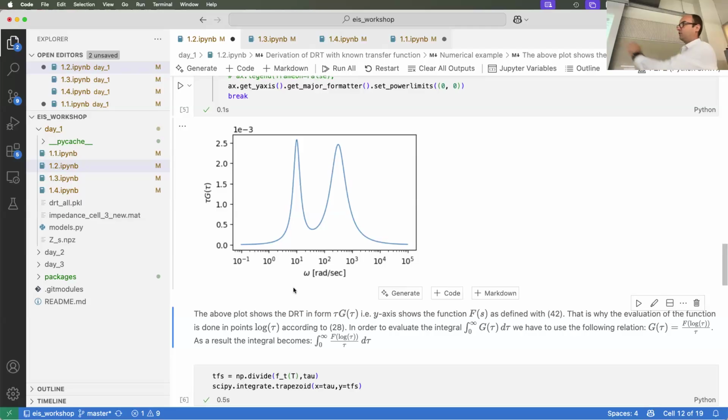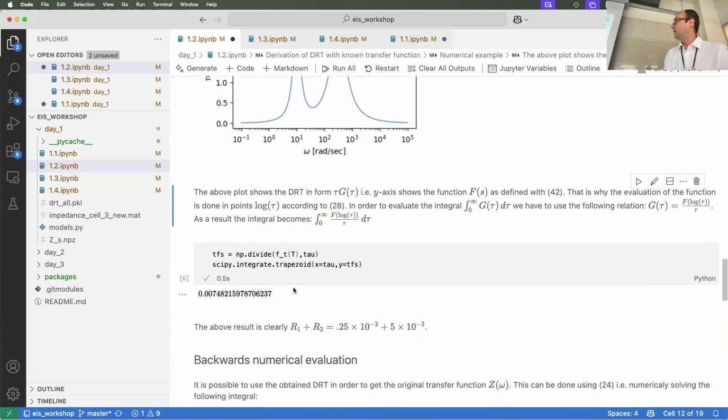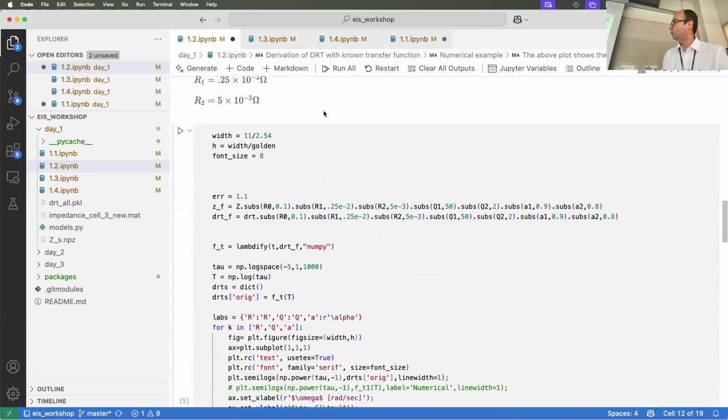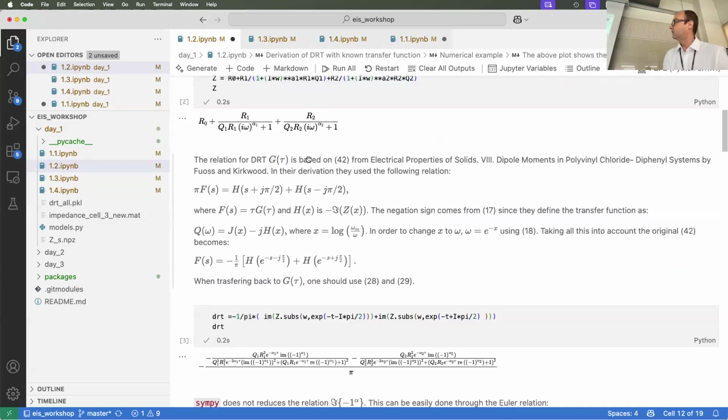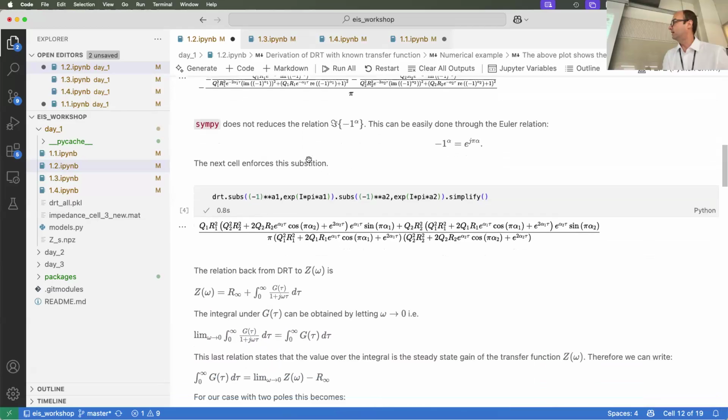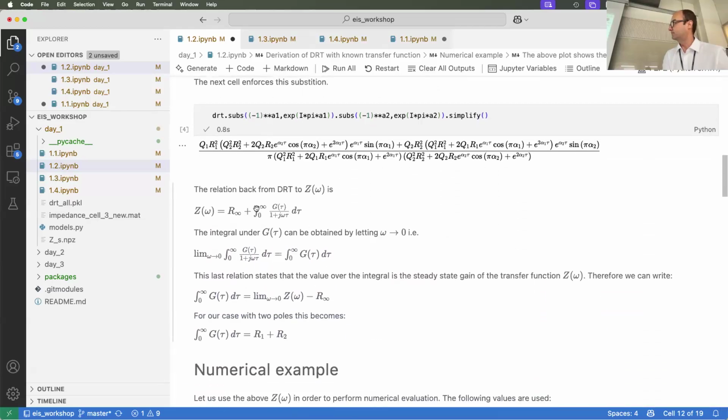We have this in closed form, or let's say that we have this in a numerical form like this plot. Let's go back to our impedance. We can do it. All we have to do is integrate this, actually solve this integral. Where is this? Sorry for jumping up and down. Solving this integral, but we are going to solve it numerically.